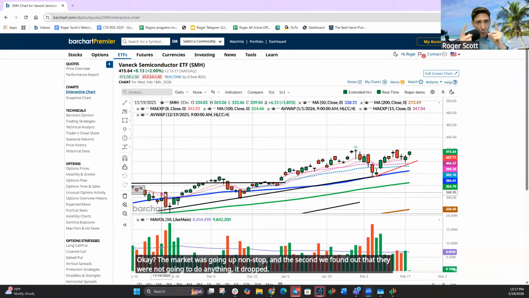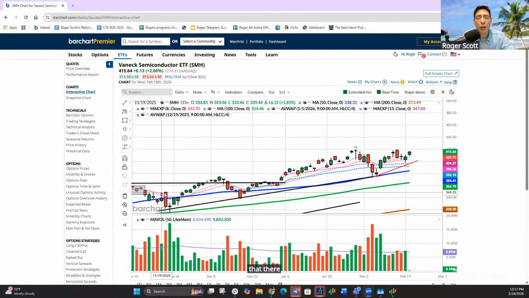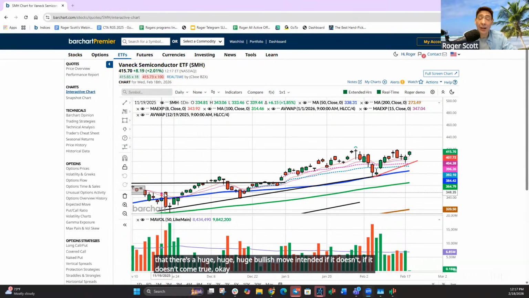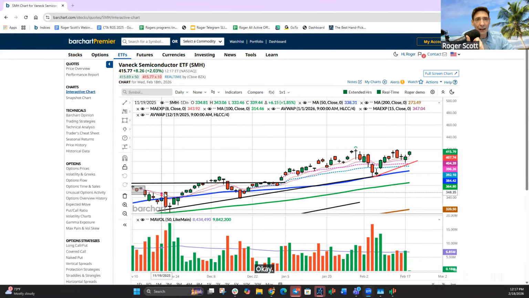So, number one, we already know based on that that there's a huge bullish move intended if the decision doesn't come true. I don't know how long it'll last, but that gave us a lot of information. Second, as you all know, these tariffs increase the cost of goods, and I'm not going to get into politics about who pays for it.